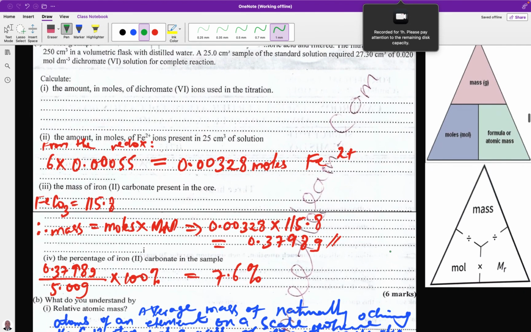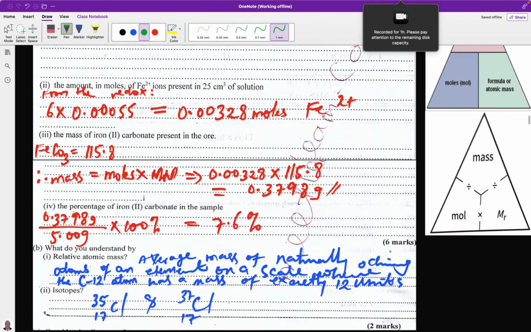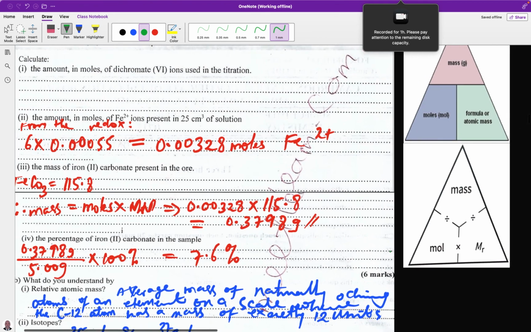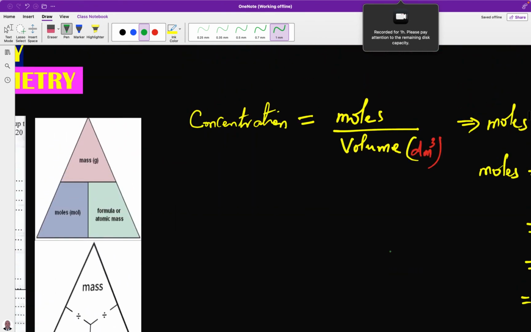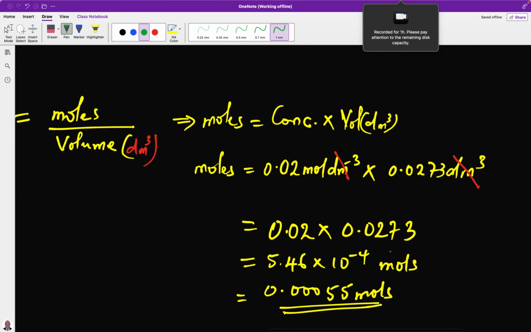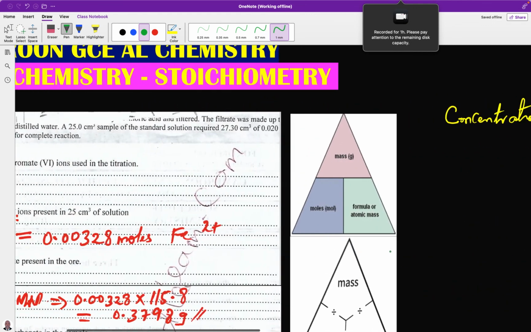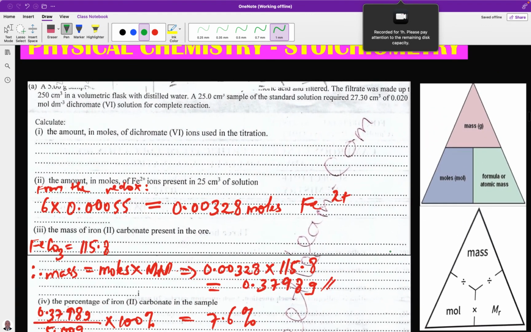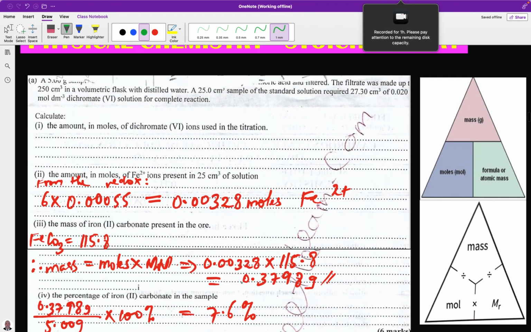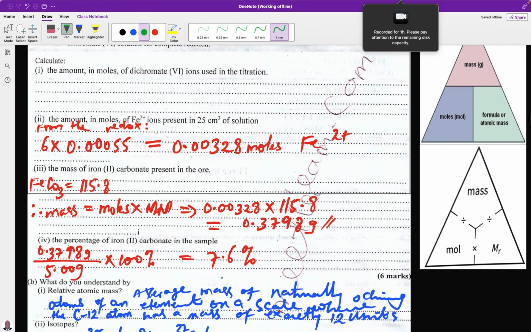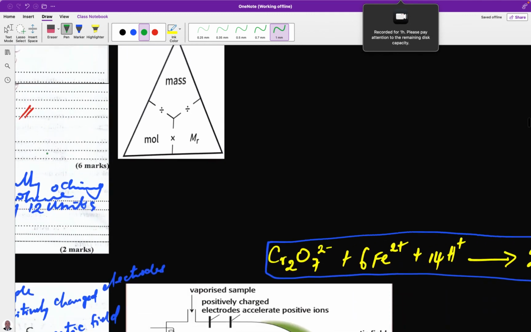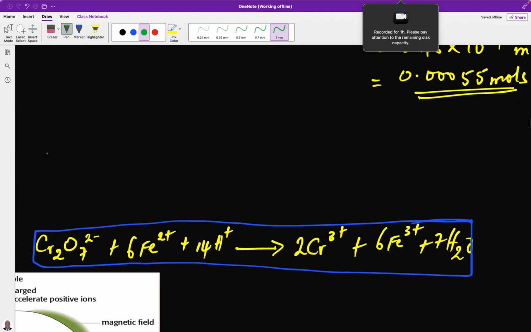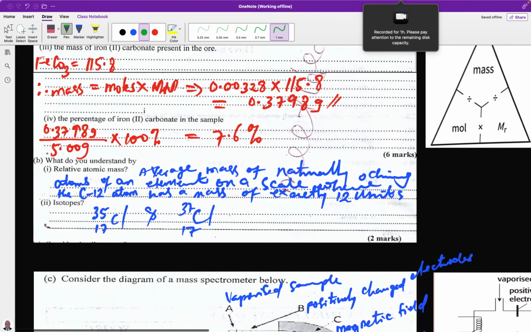So we did that. We did the calculation for dichromate using the concentration, and we had the moles for dichromate. We used the moles for dichromate to calculate the moles for iron. Since 6 moles of iron reacted according to our redox equation, we multiplied it by 6.